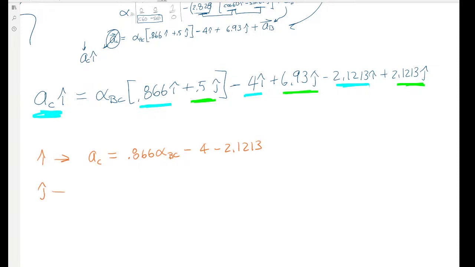My j equation, there's nothing on the left-hand side. There's 0.5 alpha BC on the right-hand side. That's my next green.